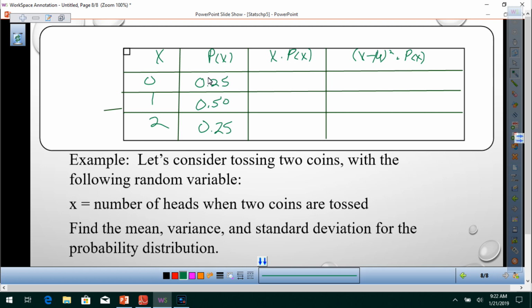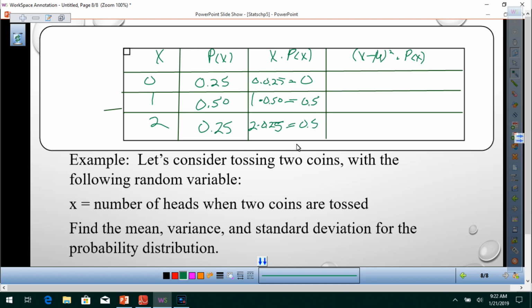So 0 times 0.25 equals 0. 1 times 0.50 equals 0.5. And then 2 times 0.25 equals 0.5.